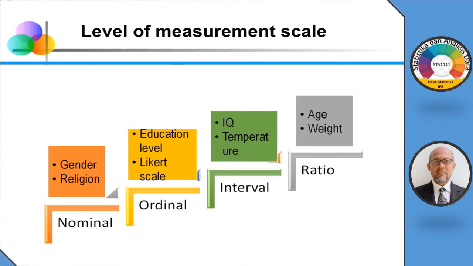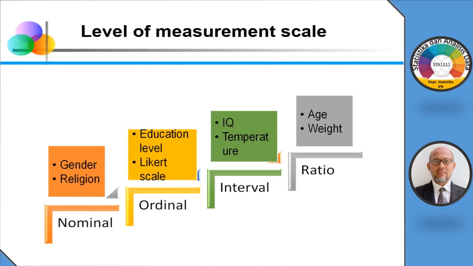While ordinal scale can distinguish and rank. For example, education level: primary school, junior secondary school, senior secondary school, and university.